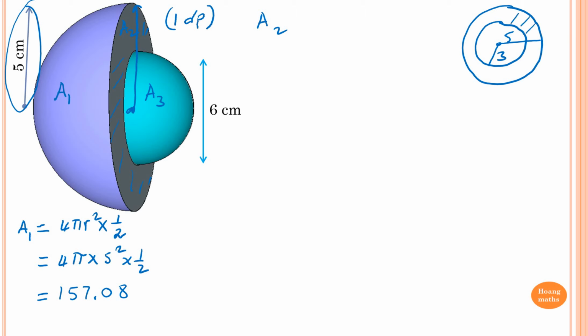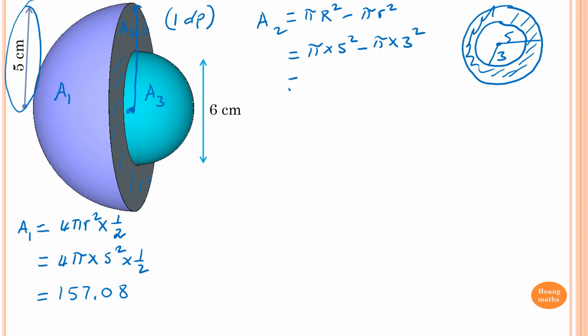So now we need to find the shaded one. We find the area of the larger circle, pi capital R squared, minus the area of the smaller circle, small r squared. So pi times 5 squared minus pi times the radius squared, which is 3 squared.